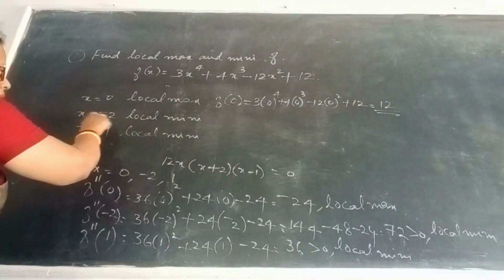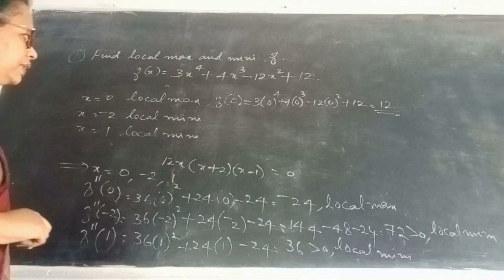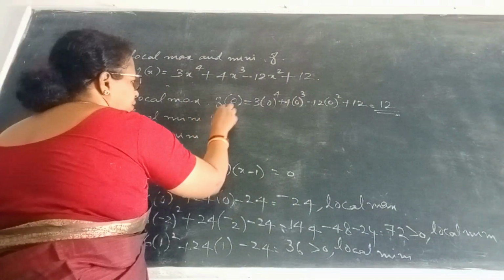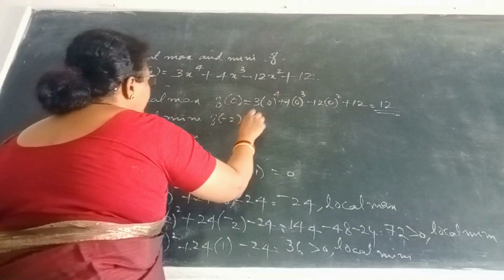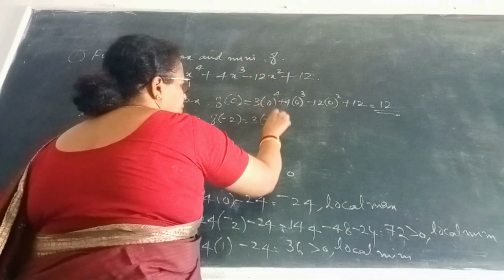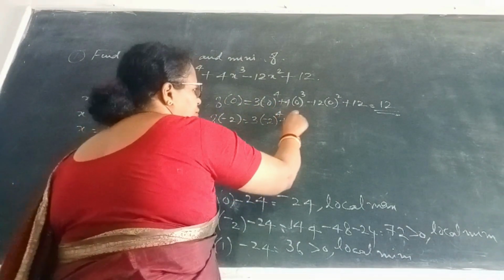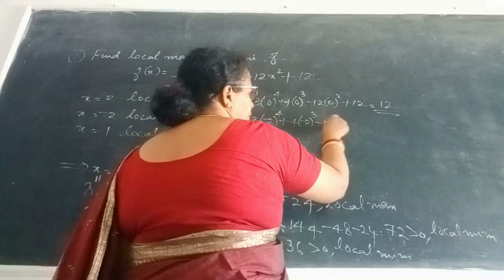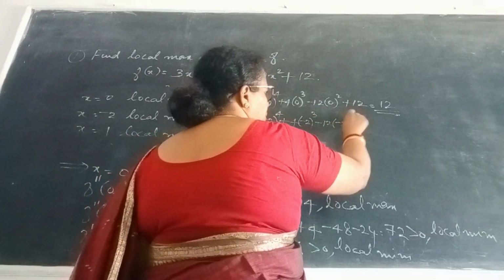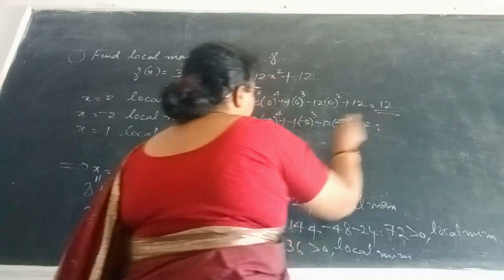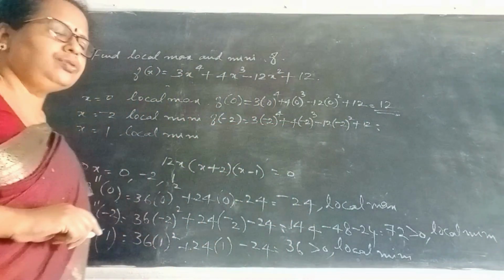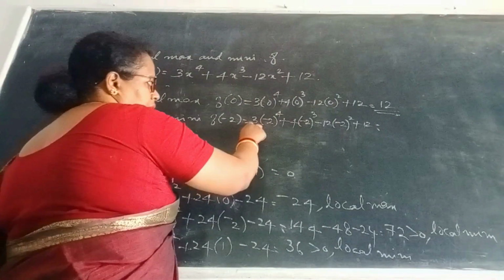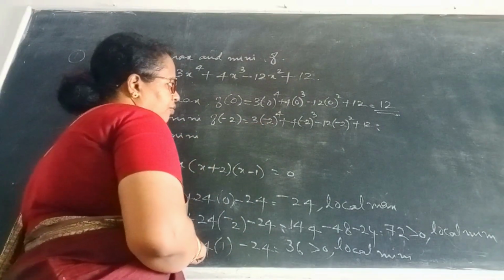Now when x equal to negative 2, what is the value? f of negative 2 is 3 into negative 2 raised to 4 plus 4 into negative 2 cubed minus 12 into negative 2 squared plus 12. Negative 2 raised to 4 is 16, so 3 into 16 is 48.